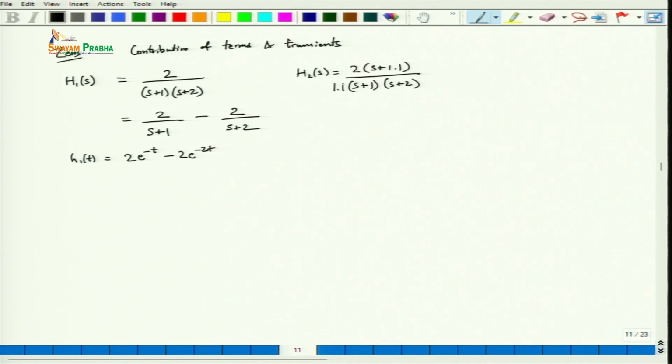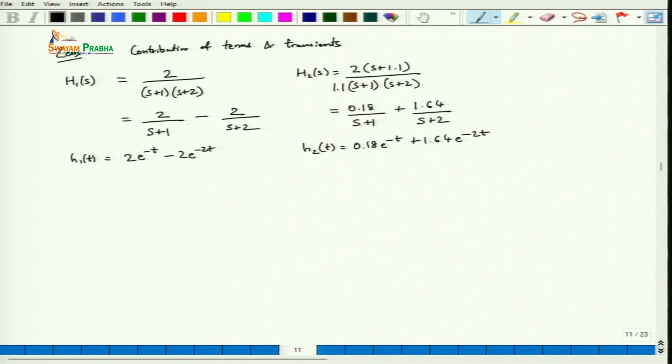So, to maintain the same DC gain, I will divide this by 1.1, that is the location of the zero, and then I can express this as 0.18 using partial fractions. So, I get h2 of t is 0.18 e to the power minus t plus 1.64 e to the power minus 2t, right.